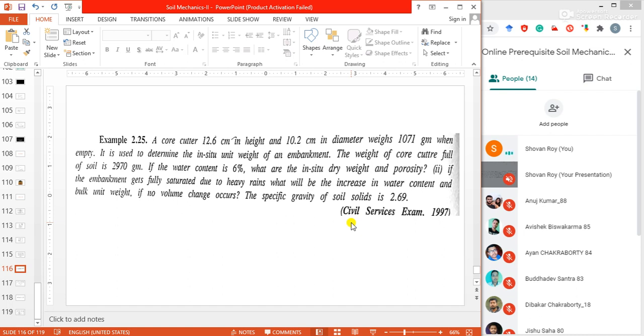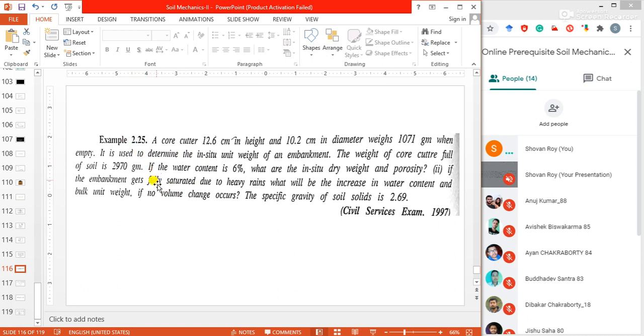Even in my case, when I was in BTech or BE and solved this problem, I had no idea about compaction. But after completing the compaction chapter, this problem is very easy for all students of soil mechanics and civil engineering. So now let's start the question.